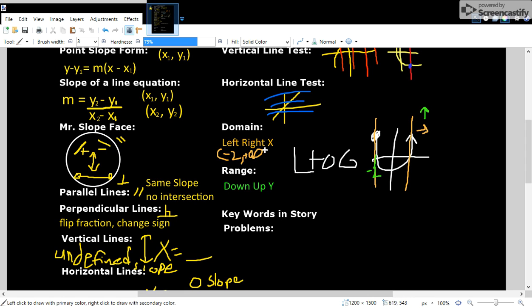If you're to draw that as an inequality, it would be x is greater than or equal to negative 2.